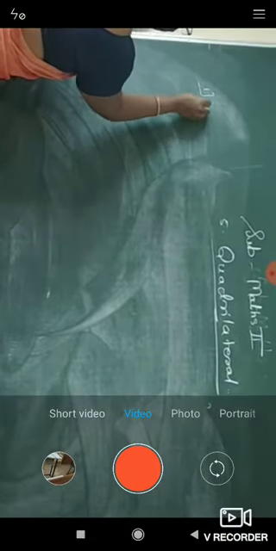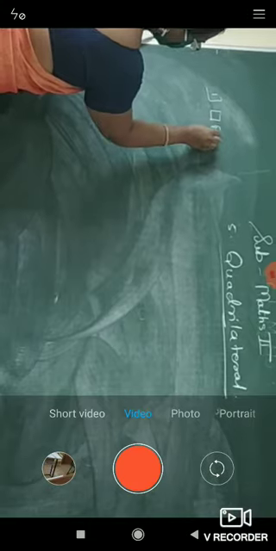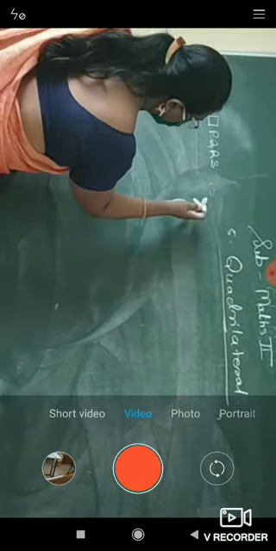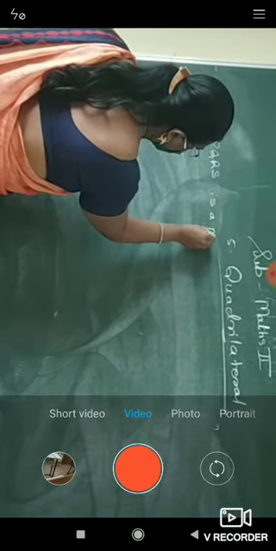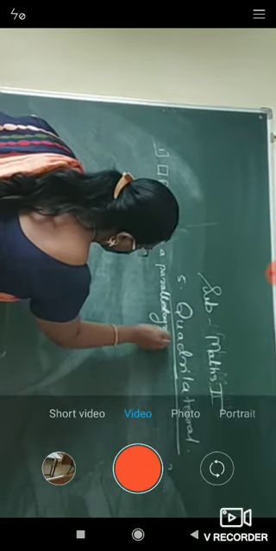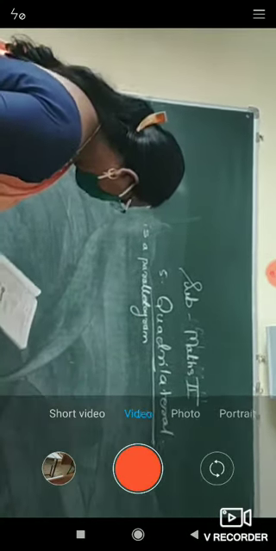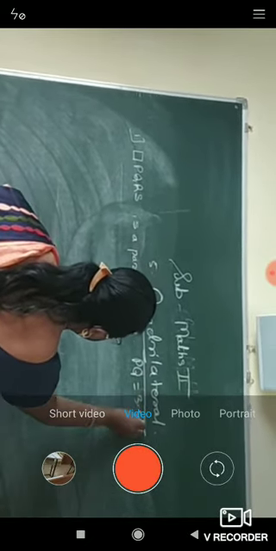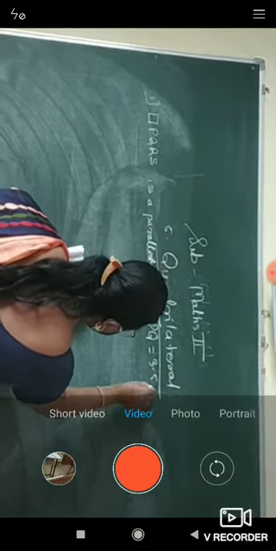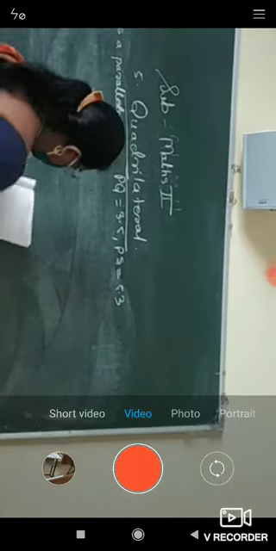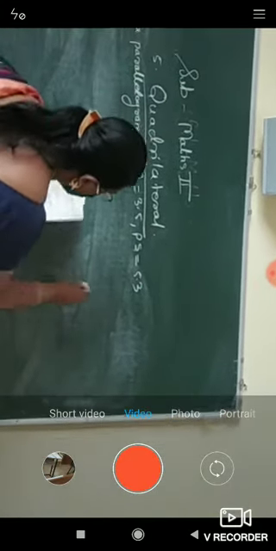Question number 1. Quadrilateral PQRS is a parallelogram. PQ is equal to 3.5, PS is equal to 5.3, angle Q is equal to 50 degrees.